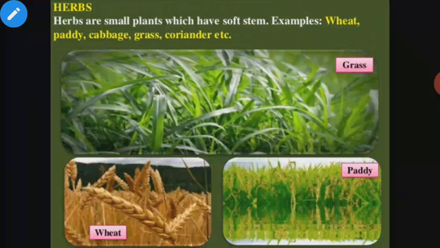To classify which one is an herb and which is a shrub, you have to see the characteristics of the plant. Those plants which have a soft, weak stem are herbs.